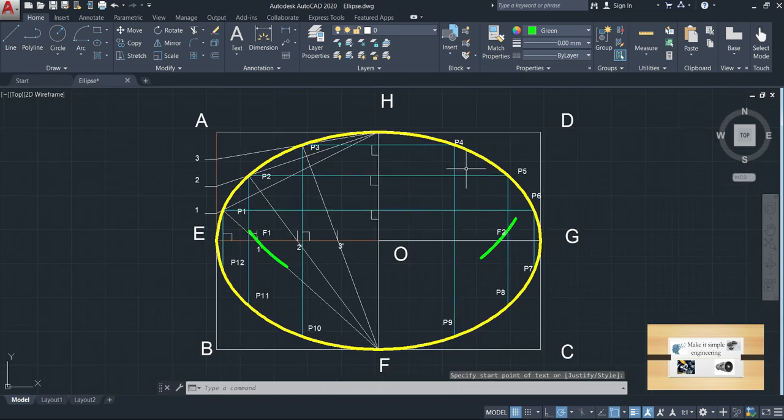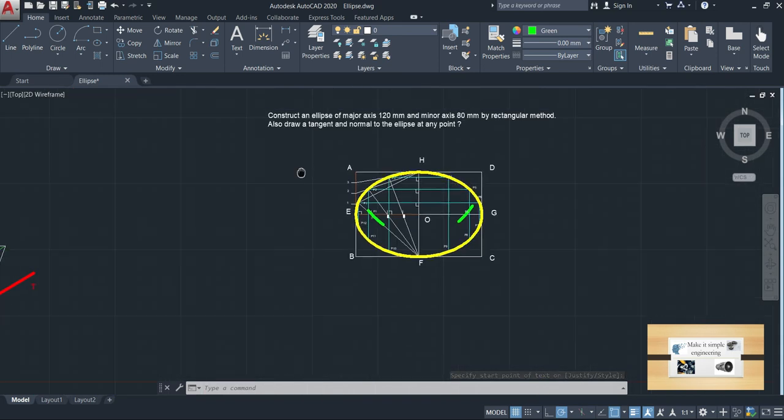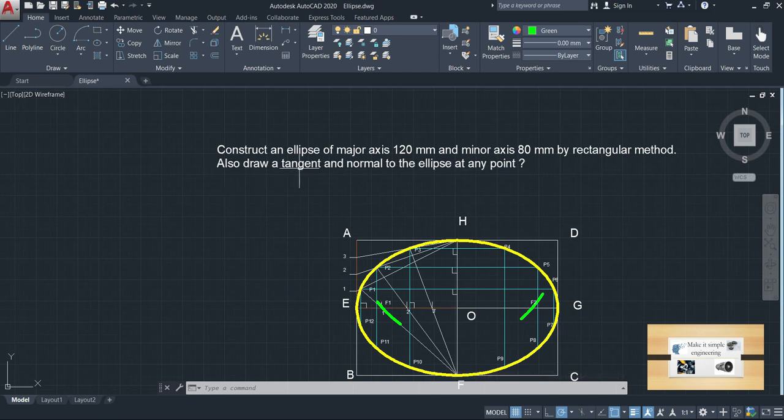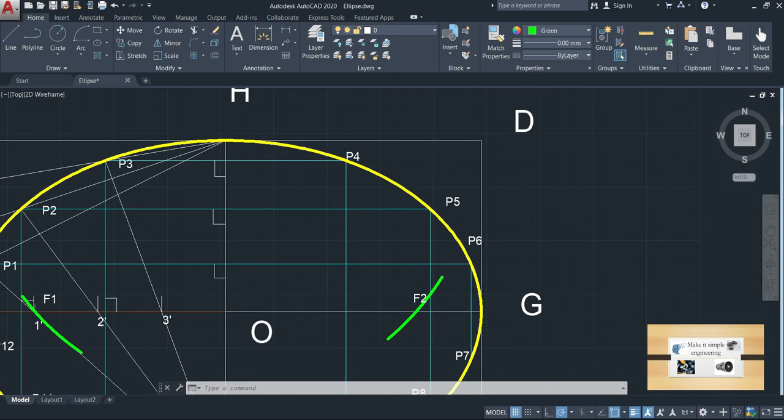After that, it is shown here that we also draw a tangent and normal to the ellipse at any point. So you have to mark any point on the curve. Let's say I'm going to take the point P4 as the required point. So I'm going to draw the tangent and normal at the point P4.